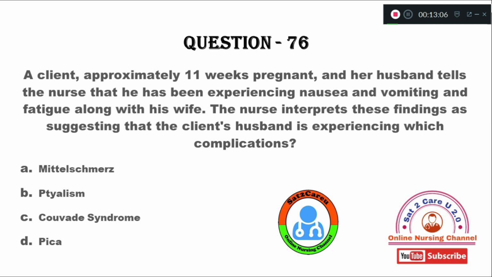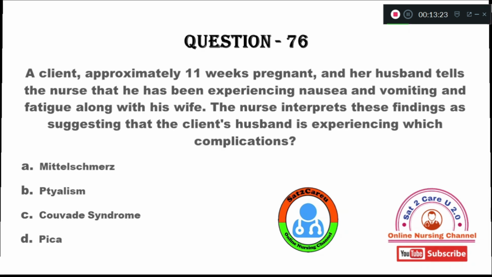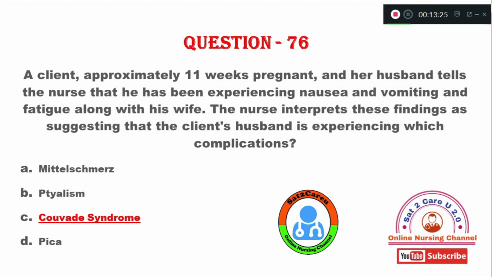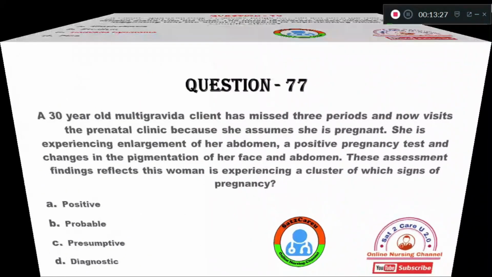Option A, Mittelschmerz. Option B, Ptyalism. C, Couvade syndrome. D, pica. So if the husband is also experiencing similar symptoms to a pregnant woman during the 11th week of pregnancy, that is called Couvade syndrome.